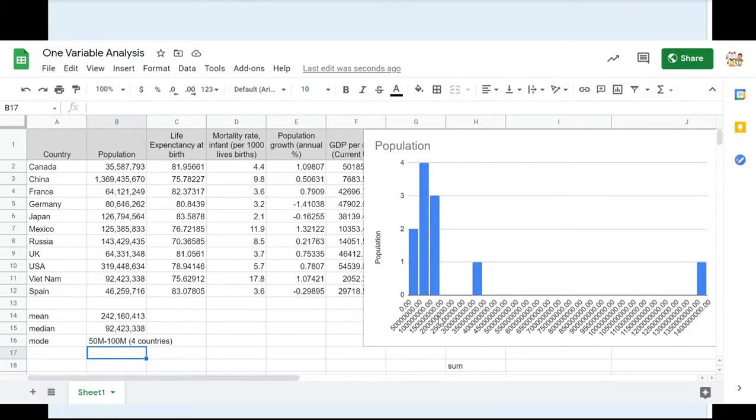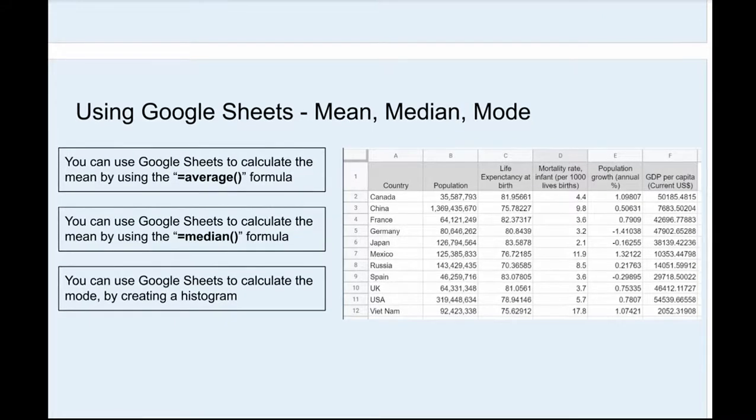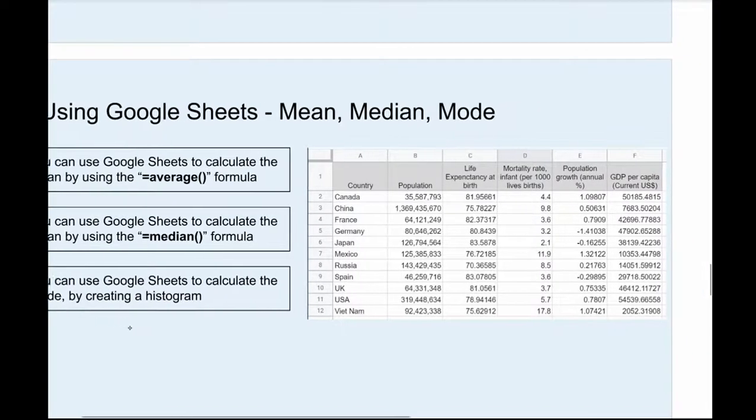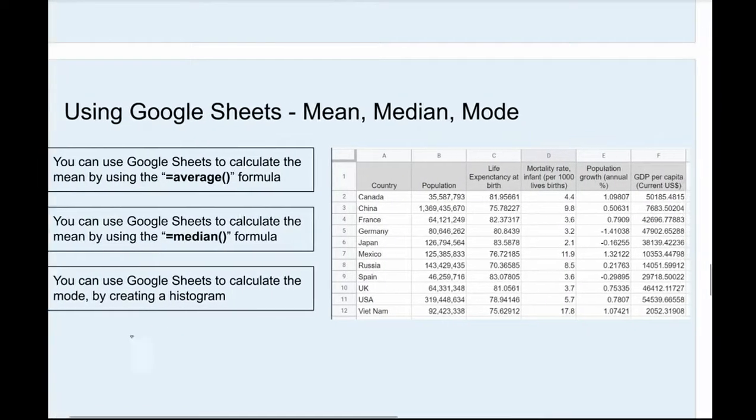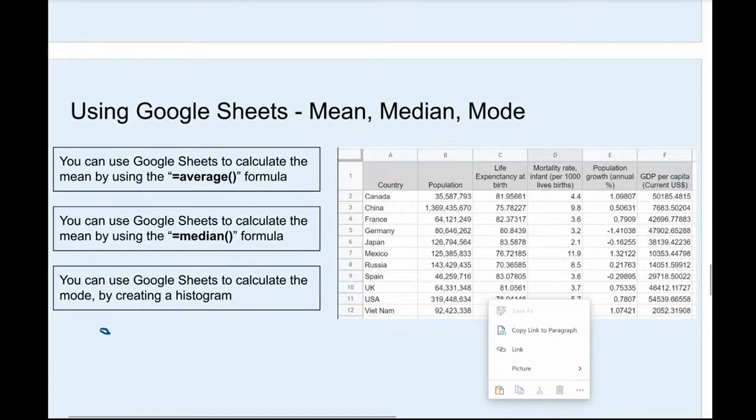So again, that's how you can use Google Sheets to look at all three different measures of central tendency. We talked about the average formula, the median formula, the mode formula, and again, for bucket, just put a little note.